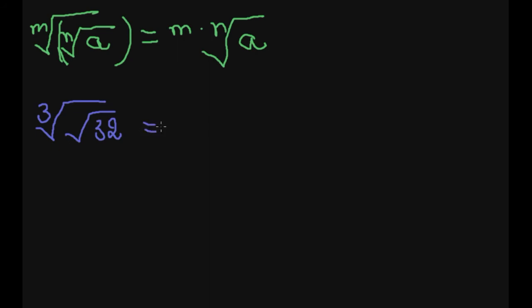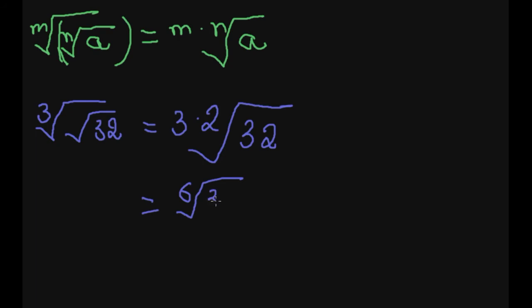So we can write this as 3 into 2, that is, 3 times 2 of 32. So 3 into 2 is 6, sixth root of 32.